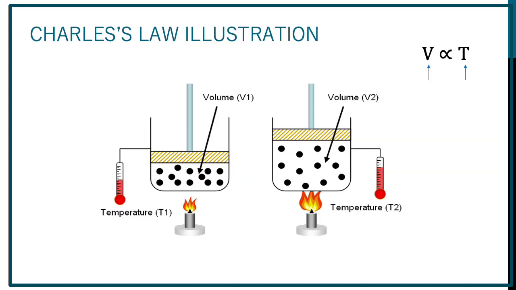Okay, this is the illustration for the Charles law. From this illustration, you can see that this is low temperature. When we increase the temperature to T2, the volume will increase. So that's why volume is proportional to the temperature.